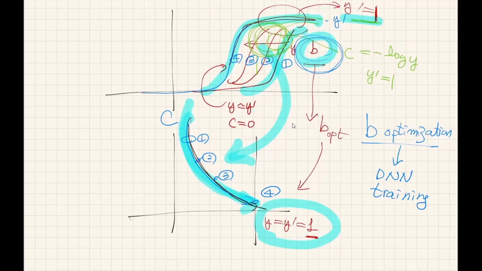And the optimization of B means that we have to make the change in the Y output function of your DNN network as closely matched to your target Y dash. And that is, from the cost function perspective, the process from 1, 2, 3, 4 in the cost function.